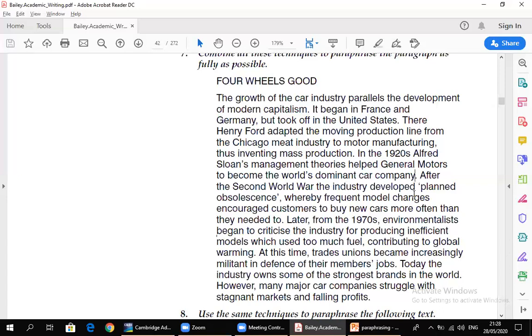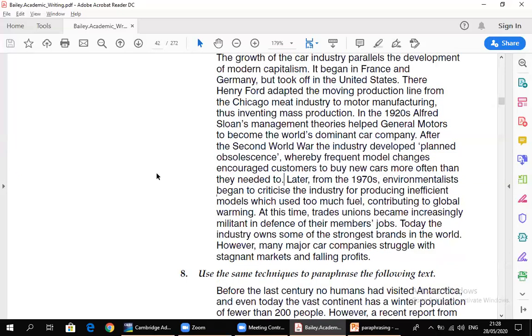Okay, perfect. After the Second World War, the industry developed planned obsolescence, whereby frequent model changes encouraged customers to buy new cars more than they needed to. First of all, the word war, second, I believe that's a limited term, so it cannot be changed.